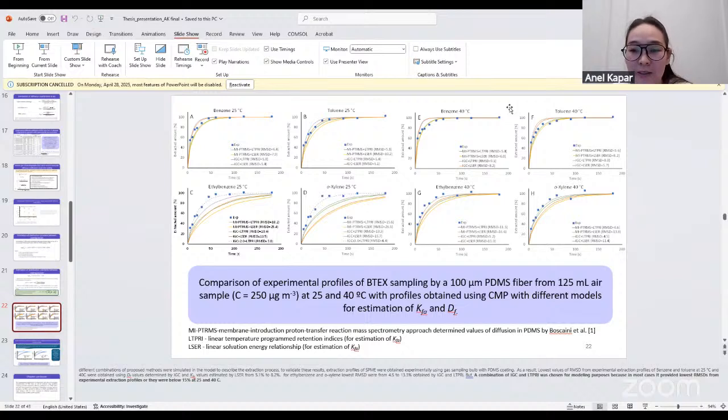So therefore, the vacuum positively affects the extraction. And also, okay. Is it enough?